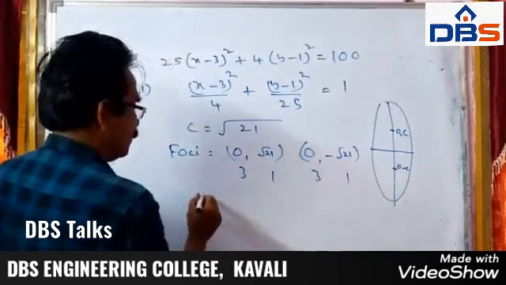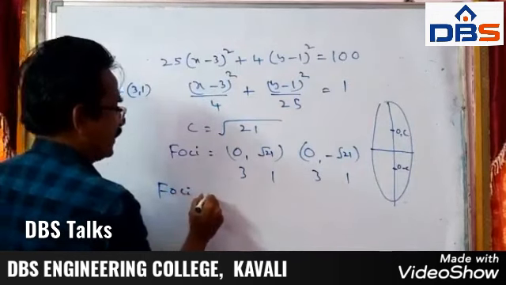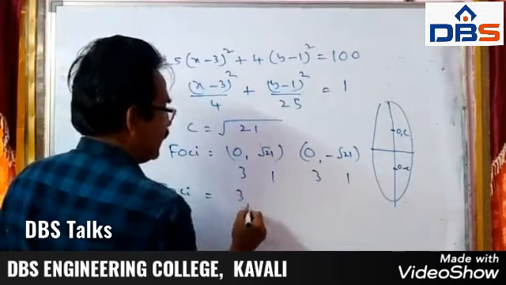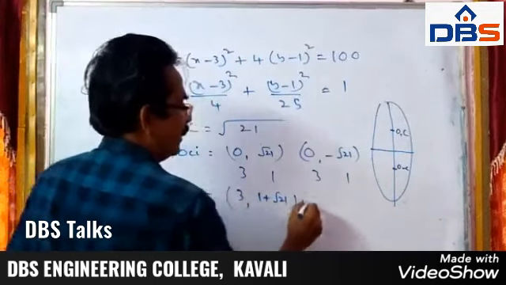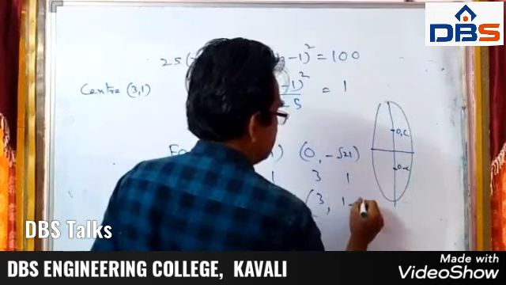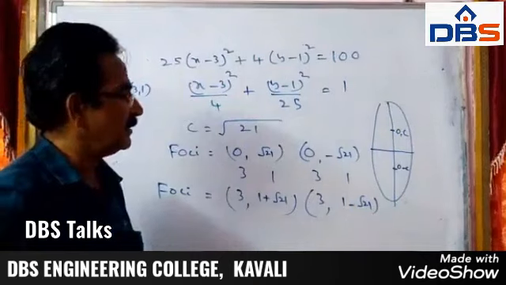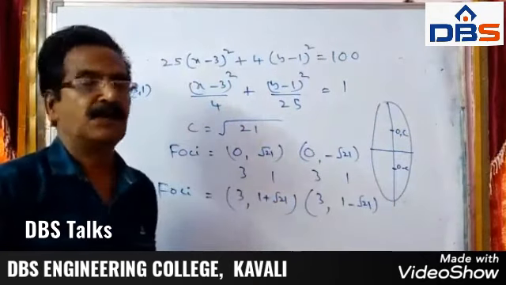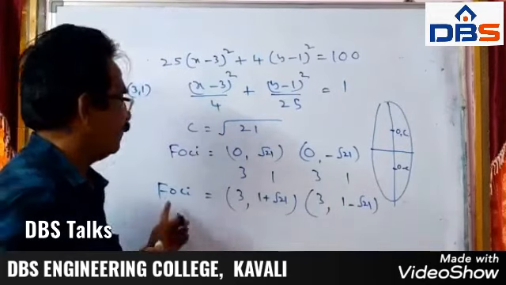So now the foci are (3, 1 plus root 21) and (3, 1 minus root 21).